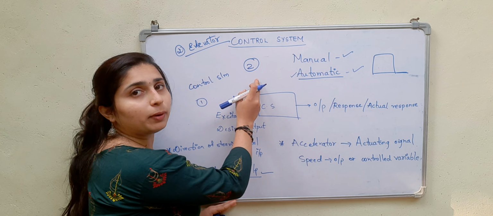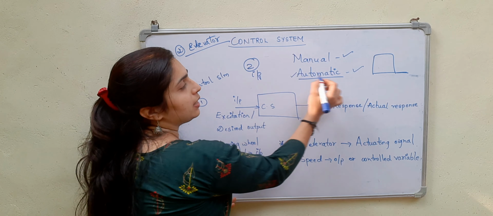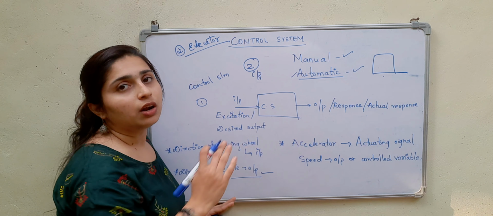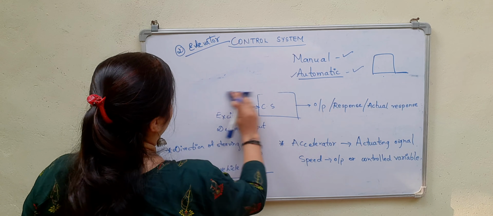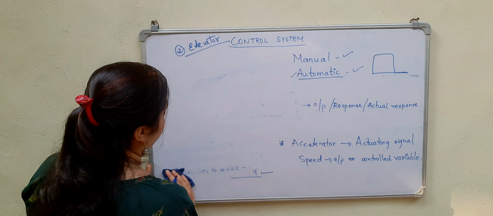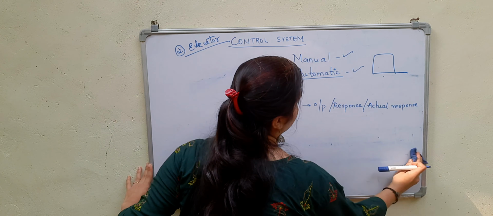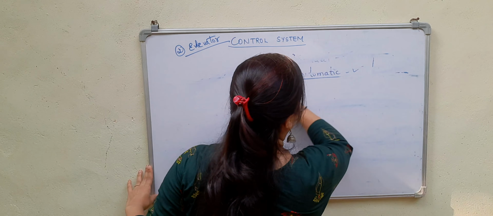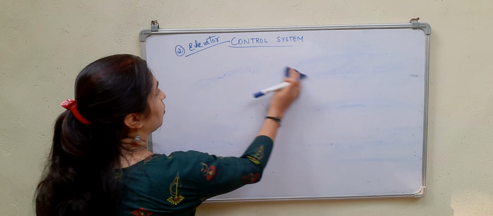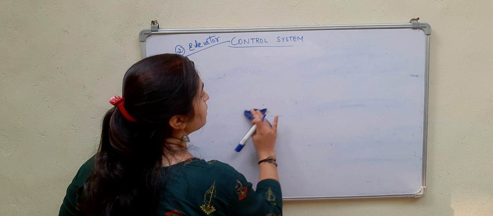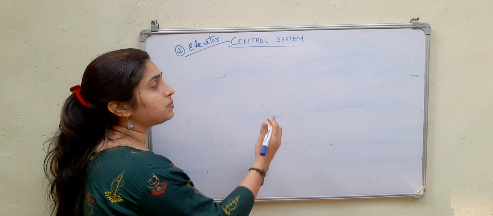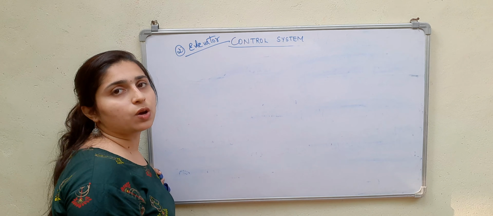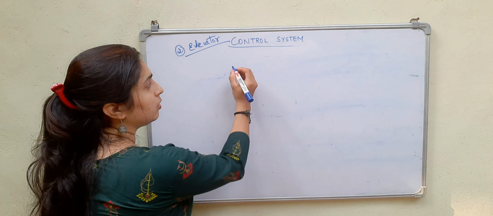Pressing the second floor button will be your input, and stopping there will be your output. And next you can see that all these manual control systems are best examples of open loop systems.